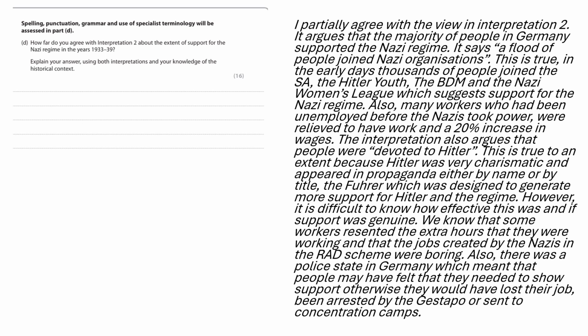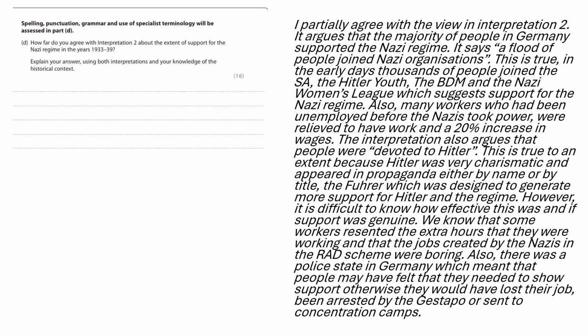Now, once you've written down what bits of the interpretation you think are true, you can use your knowledge at this point to challenge interpretation 2, to write down things that you don't agree with. So when we put that all together, we have, "I partially agree with the view in interpretation 2.